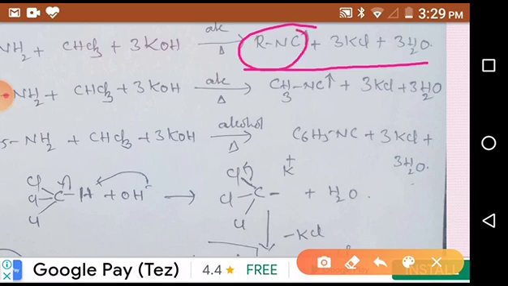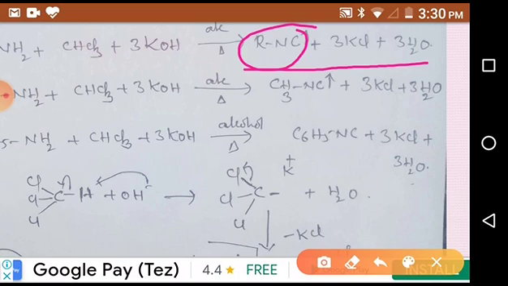This reaction is very useful in the laboratory to identify whether a given amine is a primary amine or not. With this reaction, we can differentiate primary amines from secondary and tertiary amines. This is the importance of this reaction.